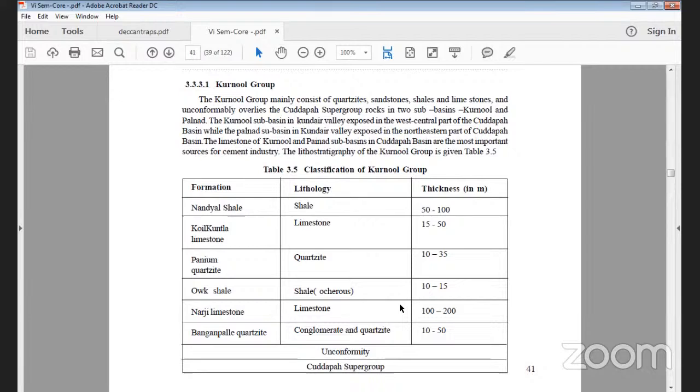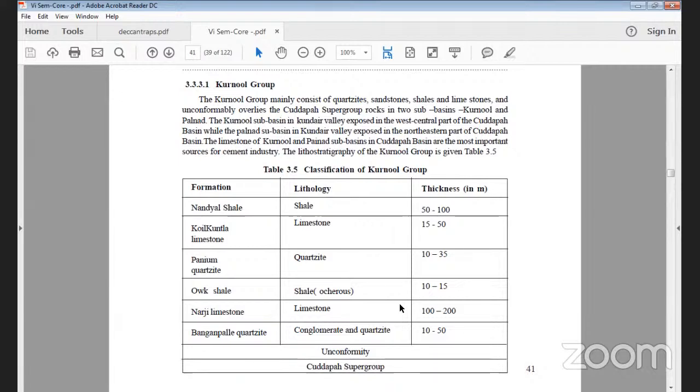Next, the Narji limestones. The Narji limestones consist of a limestone formation, with a thickness of 100 to 200 meters.